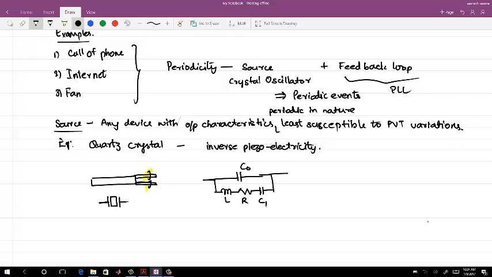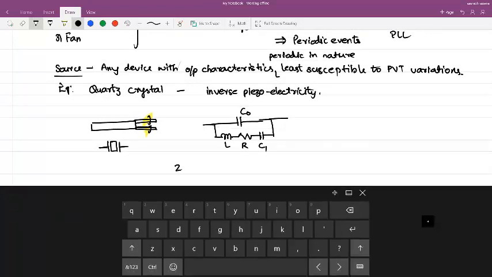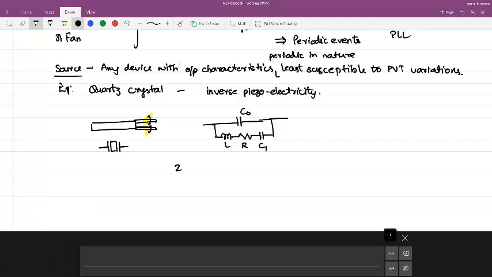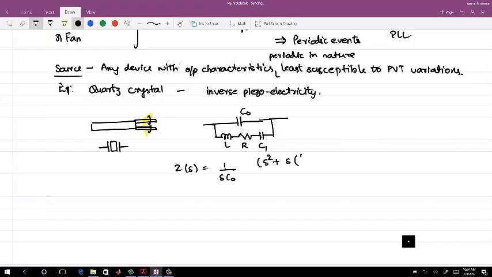Okay. Now, the impedance of this crystal is Z of S is S square plus omega S square.